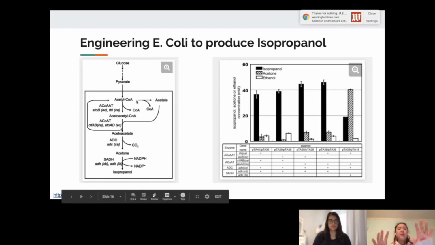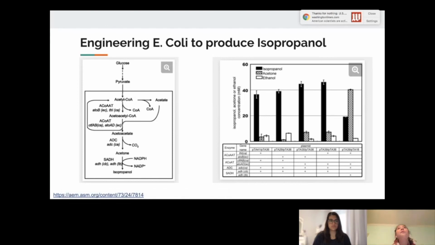This is the engineered pathway that researchers used to get elements of Clostridium into E. coli in order to have E. coli produce isopropanol, which it normally wouldn't. As you can see, the steps from glucose to pyruvate are unmodified. They're all natural in E. coli, but once you get to acetyl-CoA and afterwards, you have a lot of different choices.